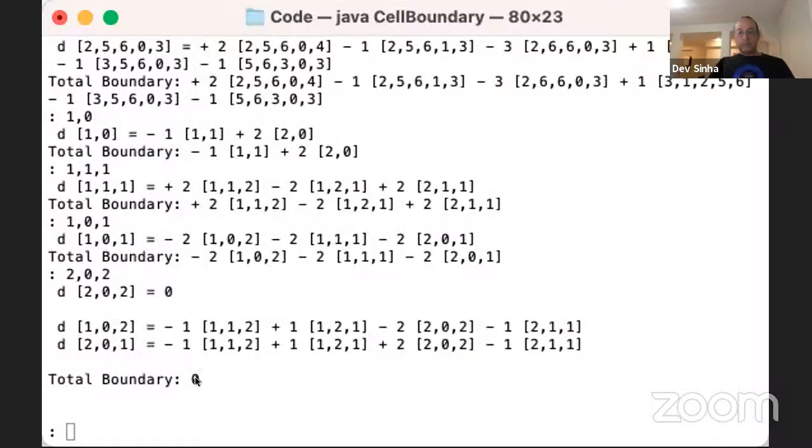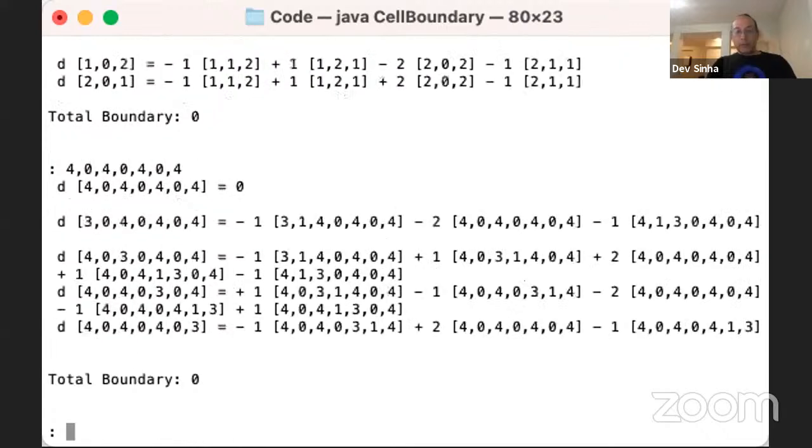So if, let me once again switch to the code. I don't know, 4, 0, 4, 0, 4, 0, 1, 2, 3. I guess we could just do 2s, but anyways.